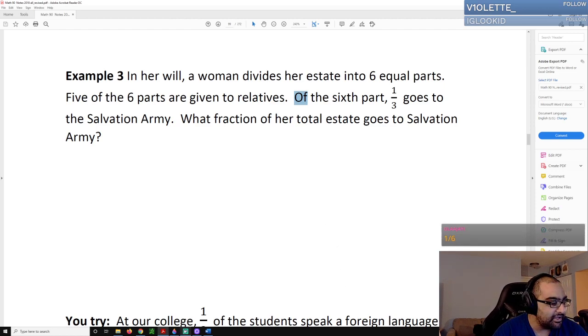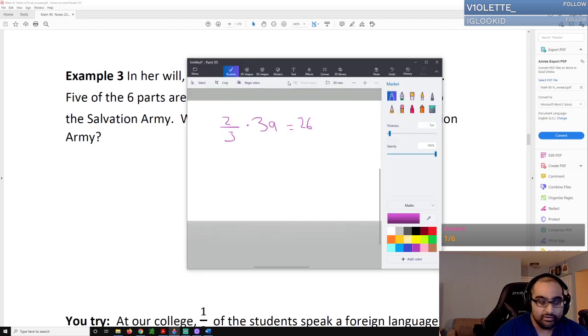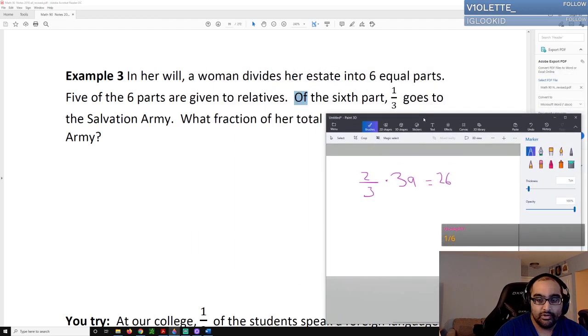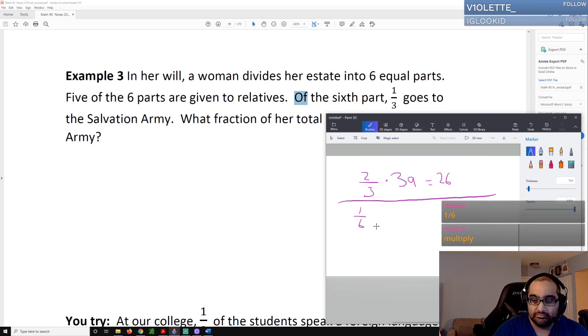Okay, good, good. So 1/6 means the 6th part. And what does "of" mean? Multiply. And what should we multiply by?